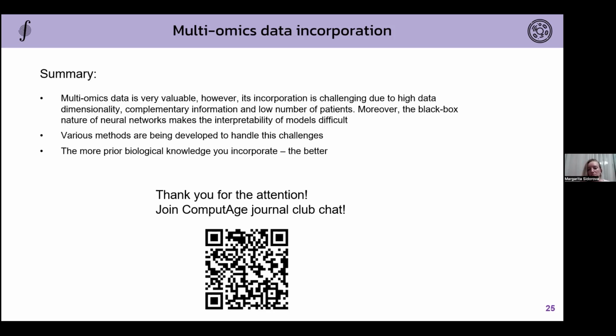Of course, I think it's not good to incorporate in one model different multi-omics data for different groups. So you can have different groups, but similar multi-omics data for them, not very different multi-omics data for each group.